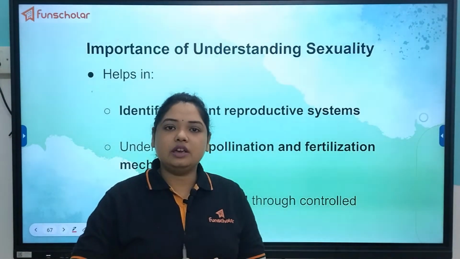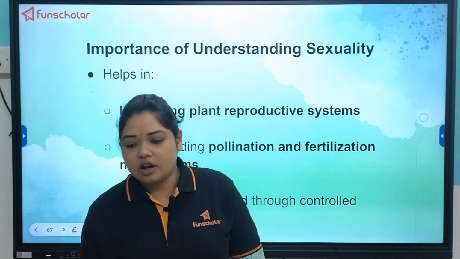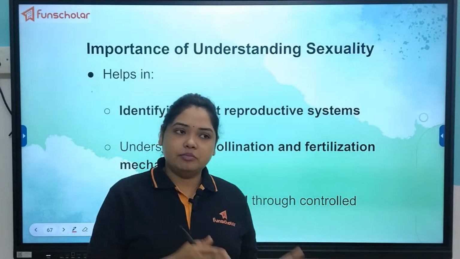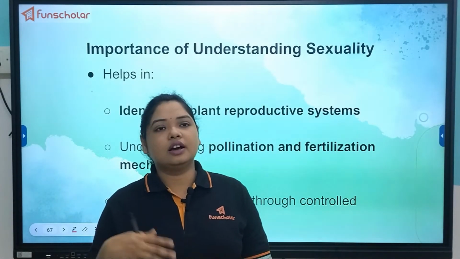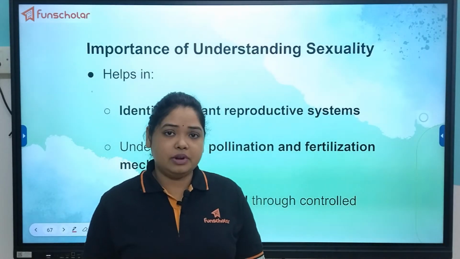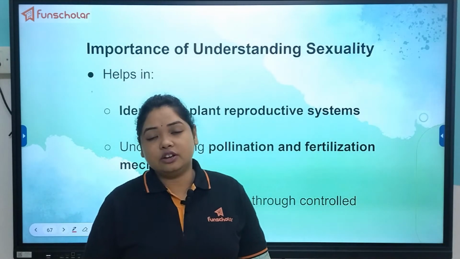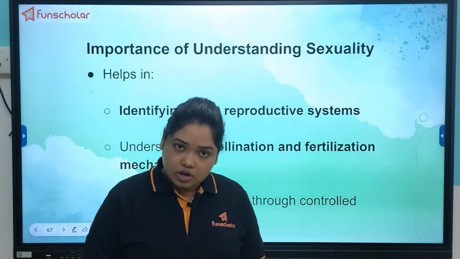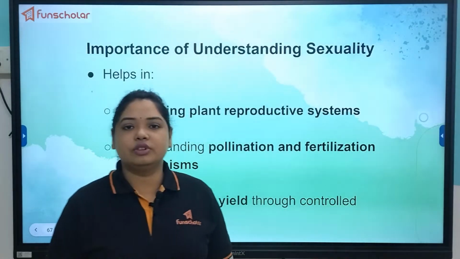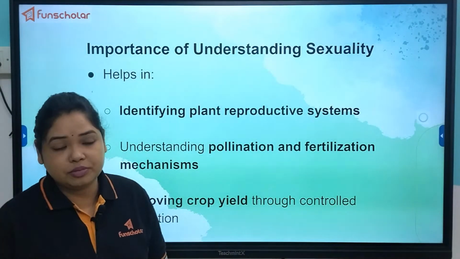But if we plant the seeds alternately, like a male plant then a female, then again a male, or a row of male plants followed by a row of female plants, it will lead to pollination more quickly, and it will give us fruits in a short duration because pollination will be accomplished.